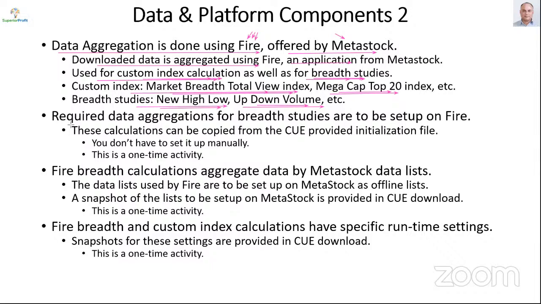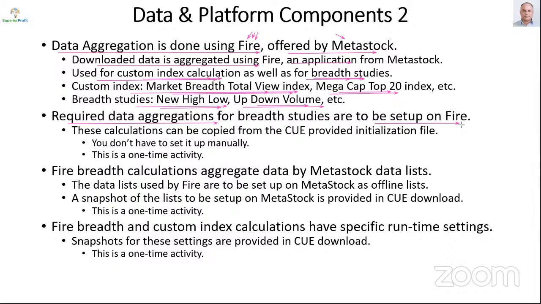Now, when we aggregate data using FIRE, what do we aggregate? FIRE is a very flexible program. It can aggregate many things, hundreds of aggregations it can do, but we don't need all those hundreds of aggregations. We need only specific aggregations for Q Global market breadth, and we have to specify what are the aggregations we want FIRE to do.